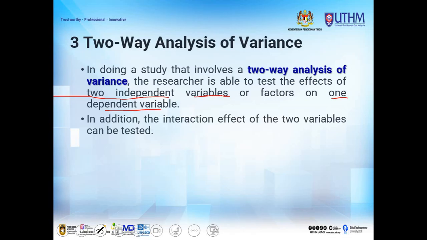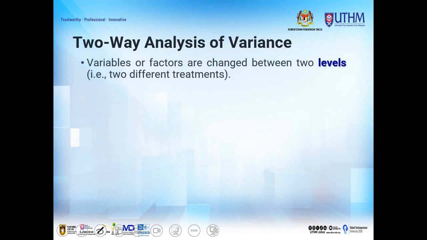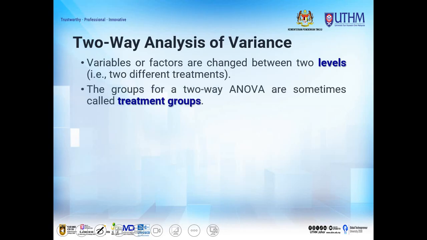In addition, the interaction effect of two variables can be tested. So the variables or factors are changed between the two levels, two different treatments, for example. The groups of two-way ANOVA are sometimes called treatment groups.